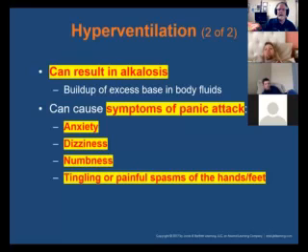Because we wanted to raise the CO2 level up to the point that it started reversing that alkalosis, that respiratory alkalosis, and brought the needle back into the 7.35 to 7.45 range.